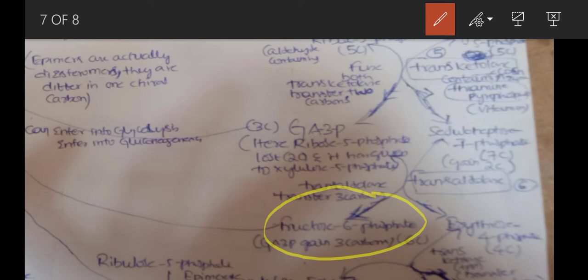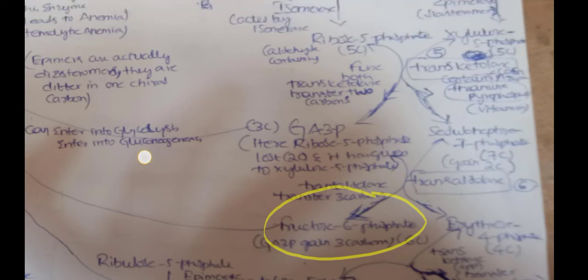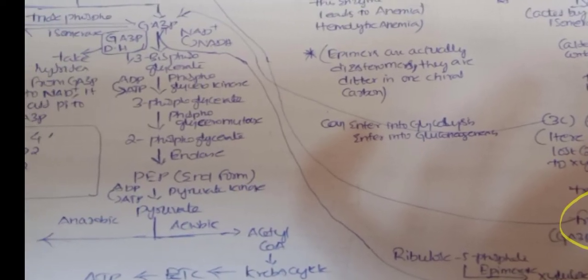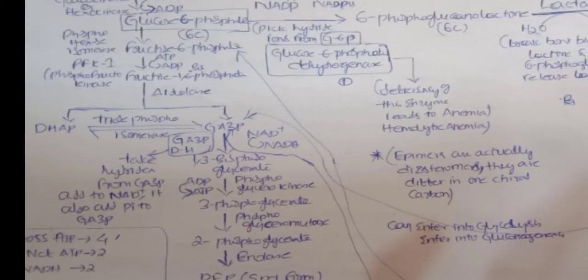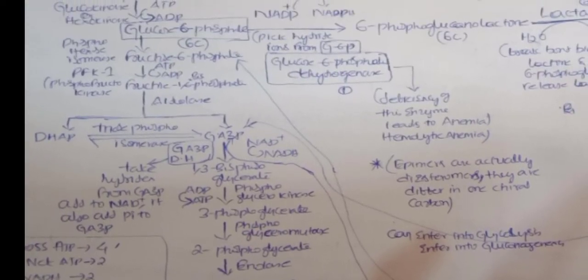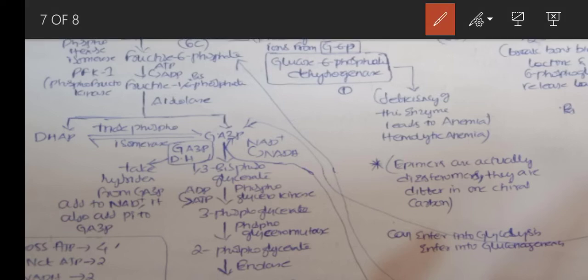6 phosphate. Where have we seen this fructose 6 phosphate, students? We have seen it in the glycolysis pathway.